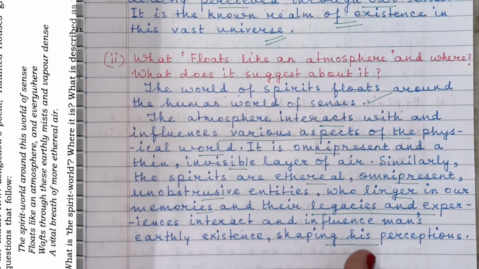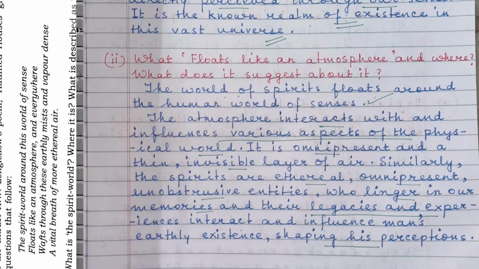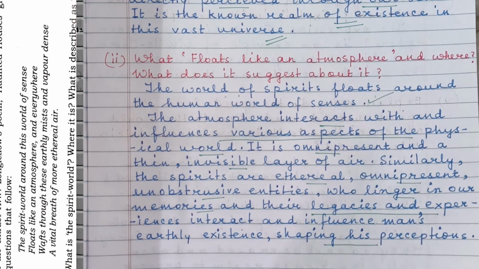How? By shaping his perception. The spirit world has no role in influencing the weather, the climate, the rainfall, the vegetation. No. Symbolically, metaphorically, it helps, it impacts man's experiences, perceptions, and overall personal growth.